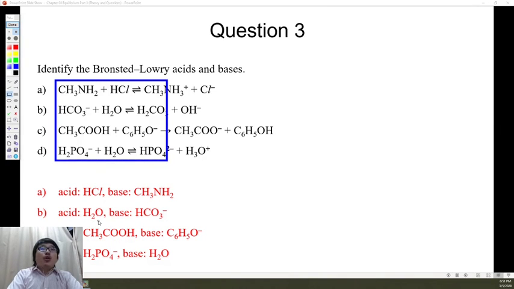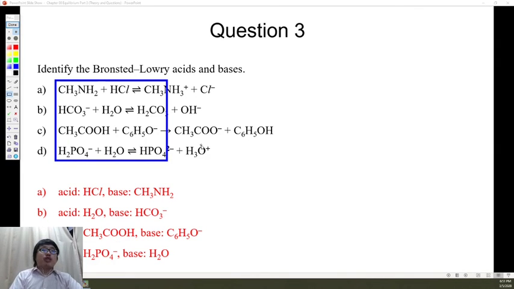H2O donates proton to form OH minus, acid, base. HCO3 minus accepts proton to form H2CO3. CH3COOH donates proton forming CH3COO minus. C6H5O minus accepts proton to form C6H5OH, base. H2PO4 minus donates proton to form HPO4 2 minus. H2O accepts proton to form H3O plus.